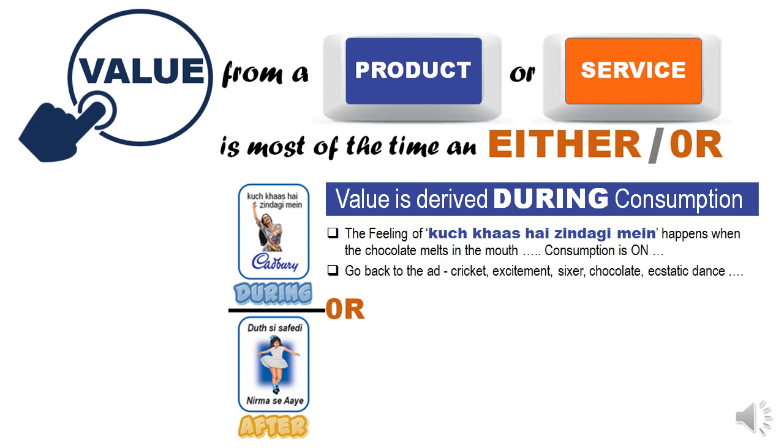The boy hits a huge shot, almost a six. The girl continues praying, munching, praying, and the ball sails over the fence. The girl breaks into an ecstatic dance, dodges a policeman, and rushes to the playing ground. You can almost feel her excitement, which is clearly a during consumption excitement.